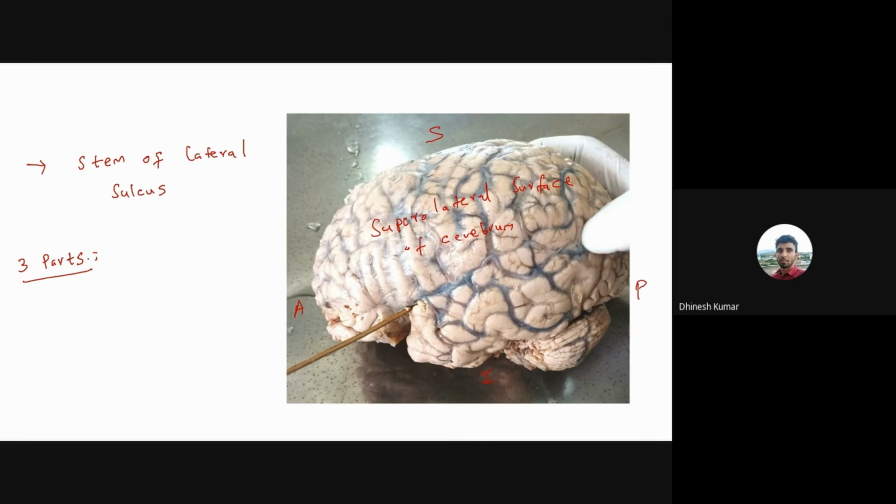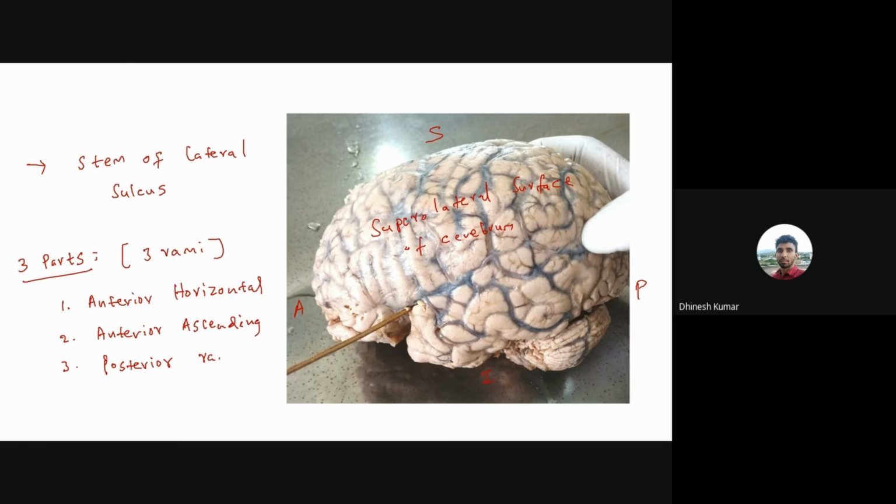The sub question may be, what are the 3 parts of the pinned area? Anybody? The stem of lateral sulcus actually divides into 3 rami. The 3 rami of the lateral sulcus are: number 1, anterior horizontal ramus, then anterior ascending ramus, and another one is posterior ramus.